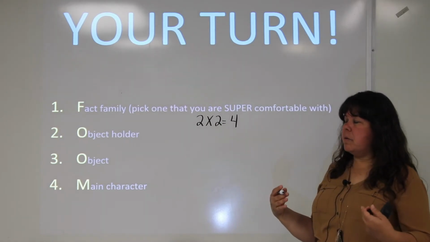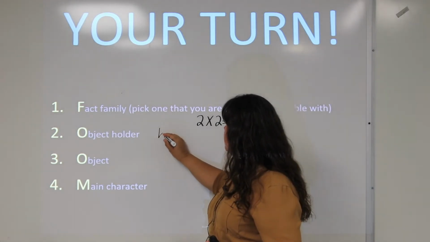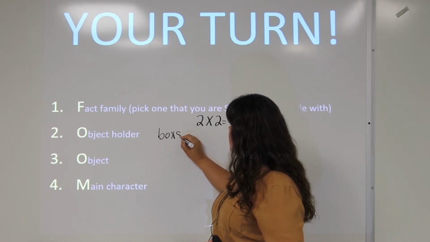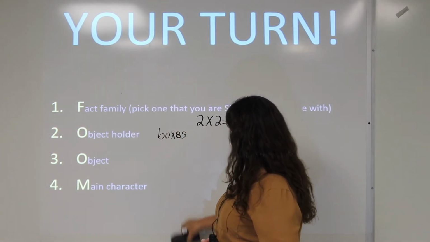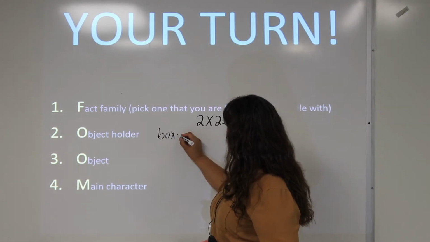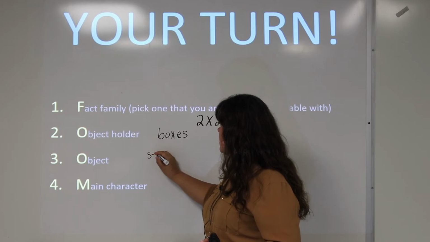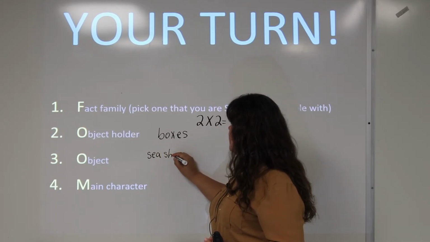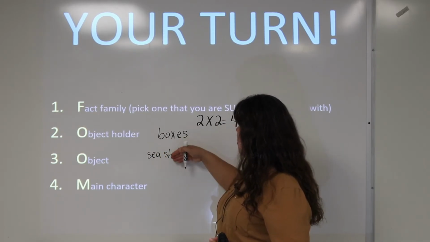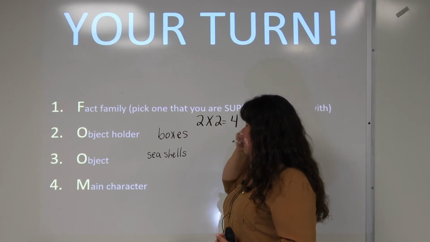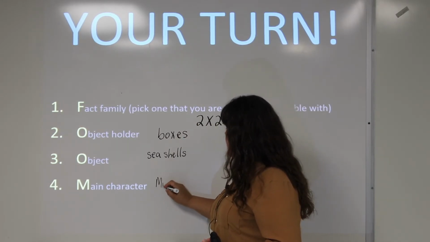I'm going to go with boxes. Boxes. And inside those boxes, I'm going to have shells, seashells. You can do anything you want, anything that can hold your objects. And then the main character can be me, Mrs. Klein.